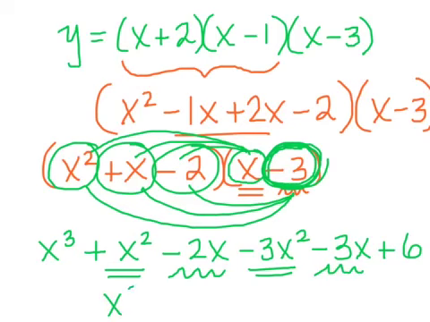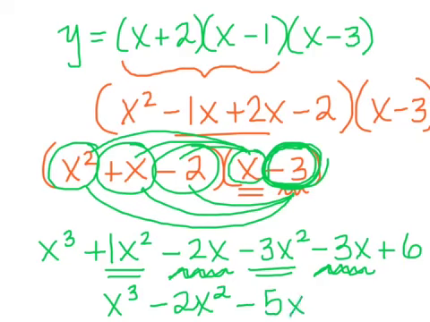Start with our x cubed, and then when we put the two x squareds together, we have a 1x squared and a negative 3x squared, so that gives us a negative 2x squared. Then when we put our two x's together, we have negative 2x, negative 3x, which is negative 5x. And then we bring down our plus 6 at the end.